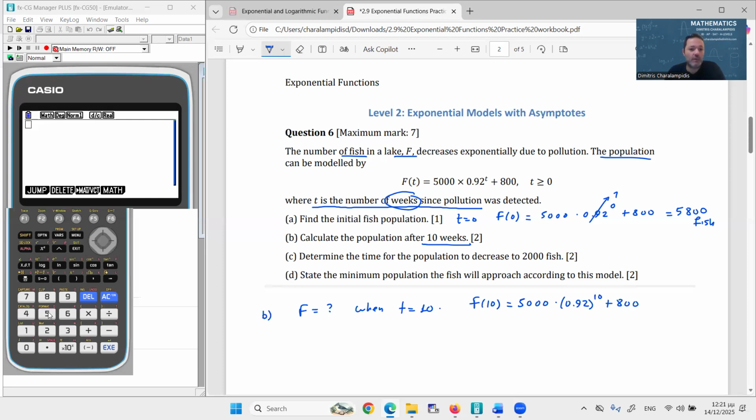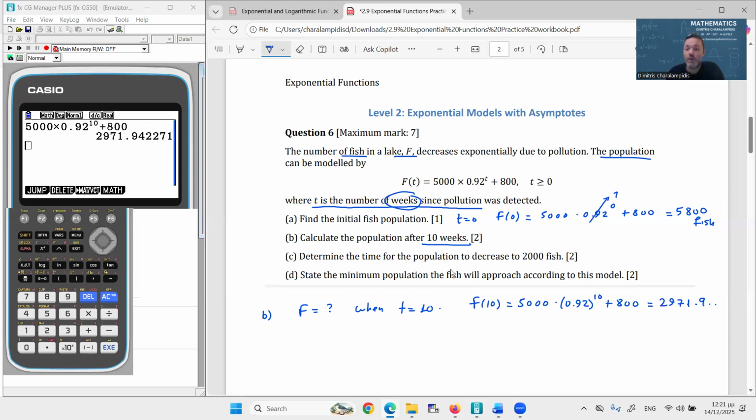Let me go to my calculator. Times 0.92 to the power of 10 plus 800. That originally would be equal to 2,971.9 and so on.